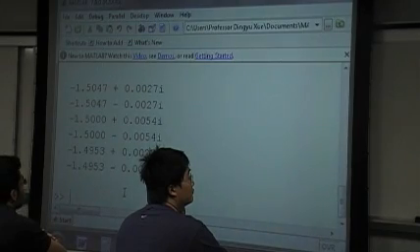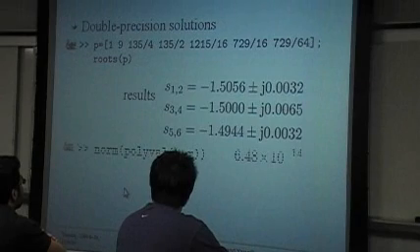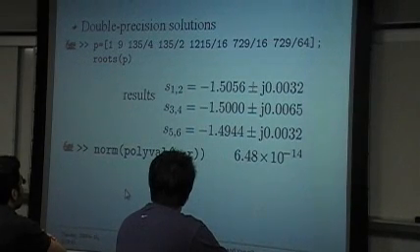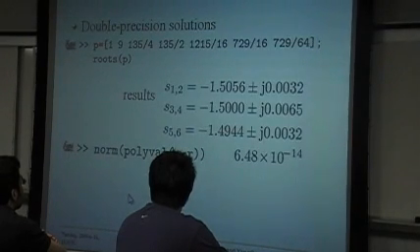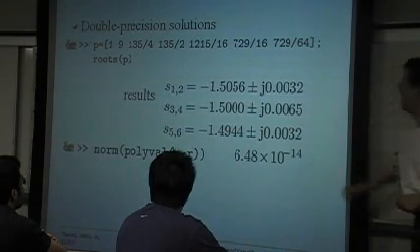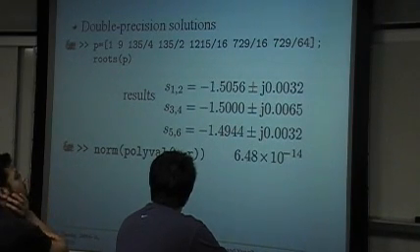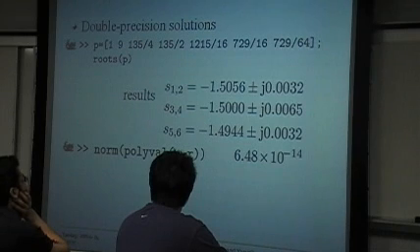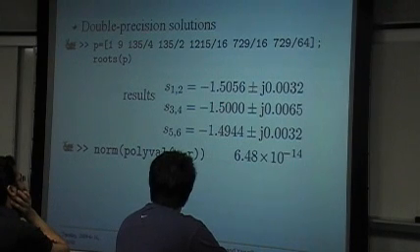You can substitute it back into the original polynomial, and this is the error you are expected to get. So pure numerical computation may cause some errors. And from the engineering point of view, it is quite acceptable. You can see the error is very small, so we can say that they are the solutions to the original problem.